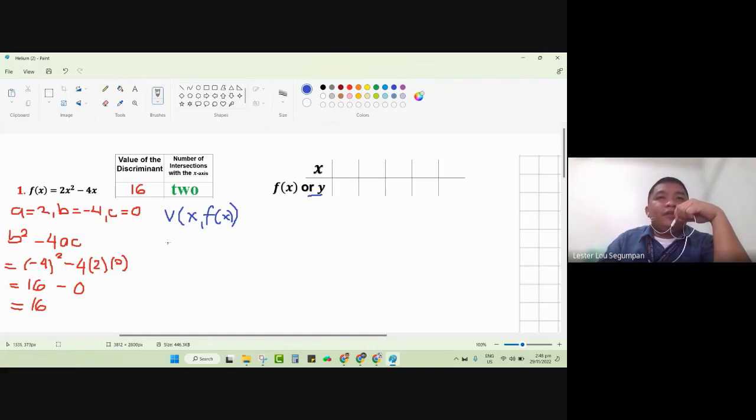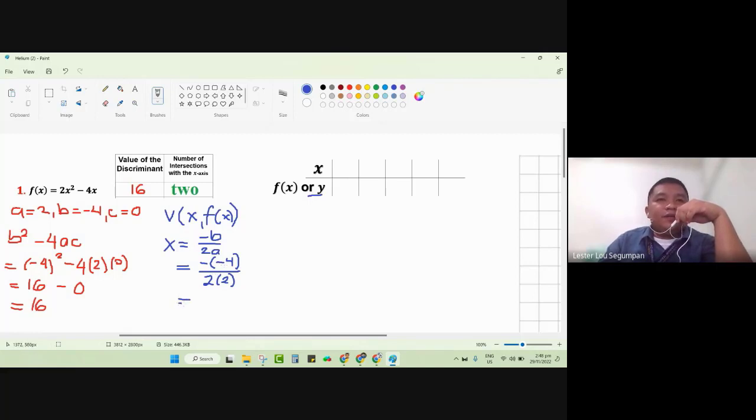To solve for the vertex, we're already given the formula for x, which is negative b over 2a. We already have our coefficients here. When you substitute that, we'll have the negative of negative 4 all over 2 times 2, which are the values of b and a.